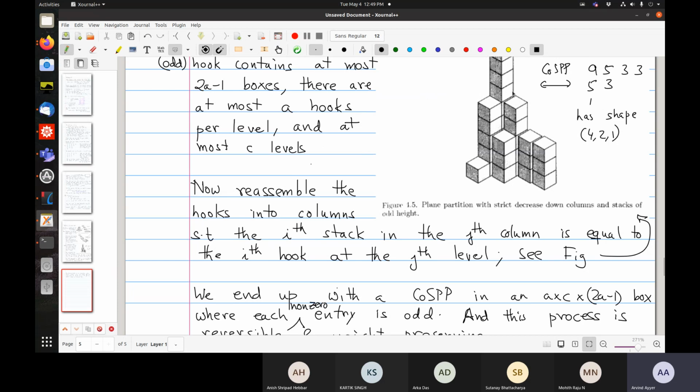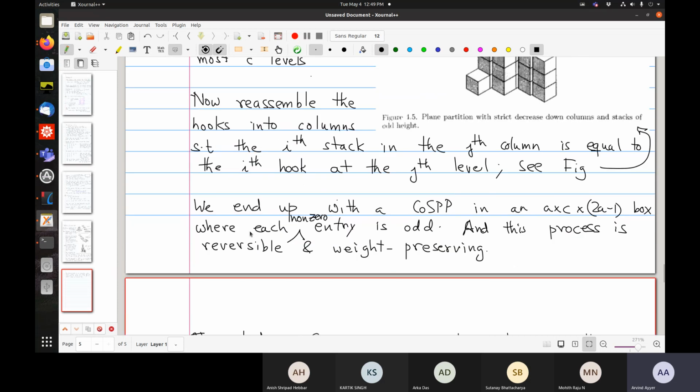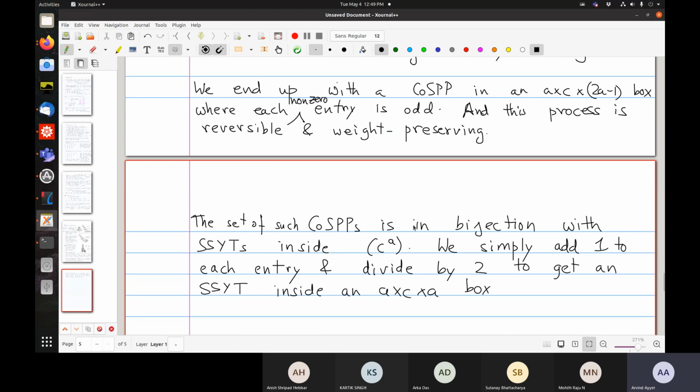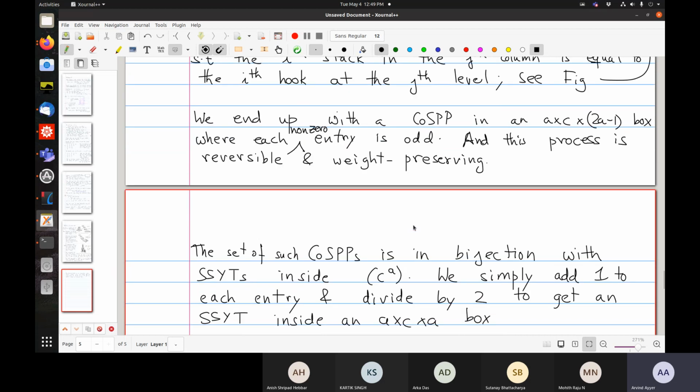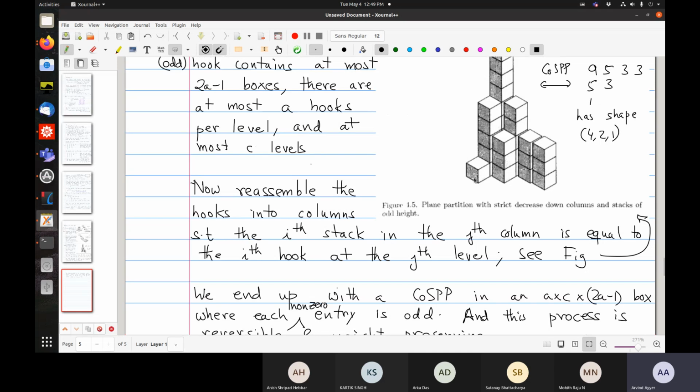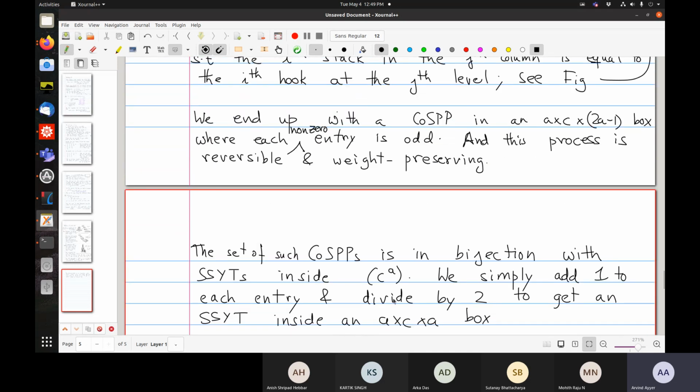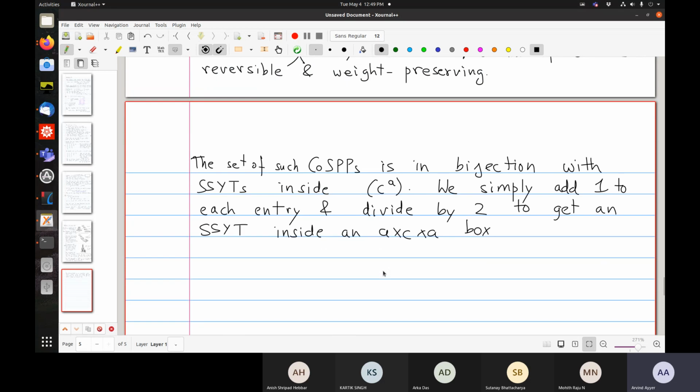And because we know that all the non-zero entries are odd, you're going to get an SSYT inside an A by C by A box. So the partition that you get is not necessarily C to the A, but it lives inside C to the A. Okay, that's the idea.